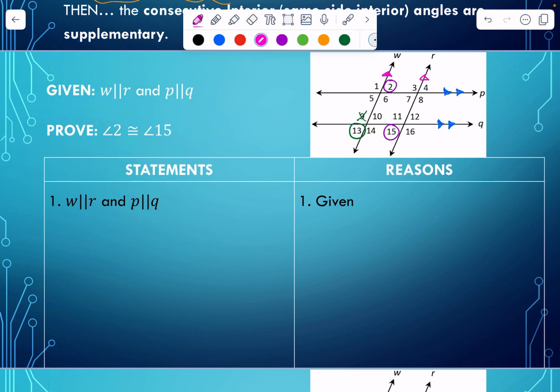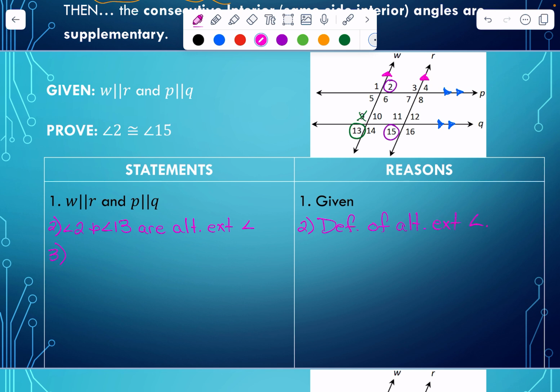So I'm going to start off. Remember, before we use a theorem, we need to state that the angles are in that relationship. So let's start with angle 2. Step 2: angle 2 and angle 13 are alternate exterior angles. The reason is the definition of alternate exterior angles.